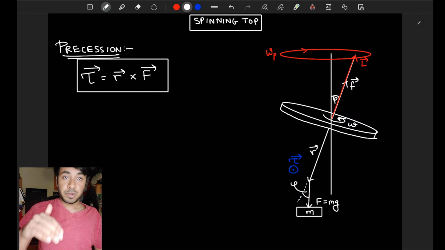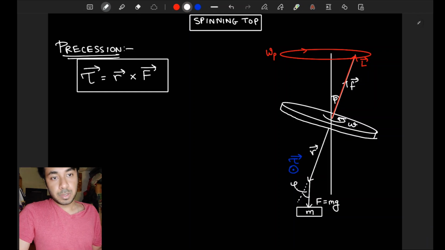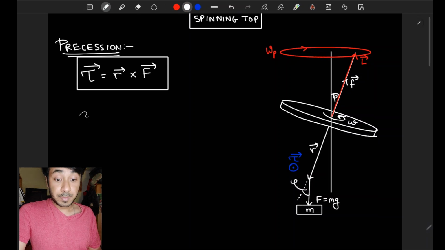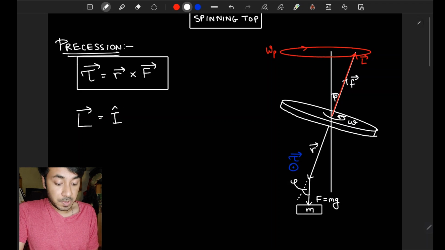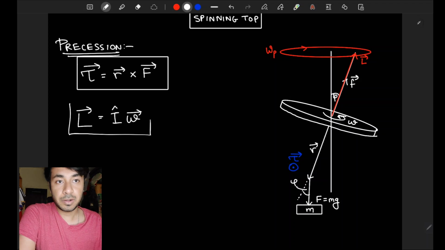Now, before we go to nutation, we also have to define some terminologies. First, the angular impulse, which equals the moment of inertia tensor times the vector which defines the angular velocity.